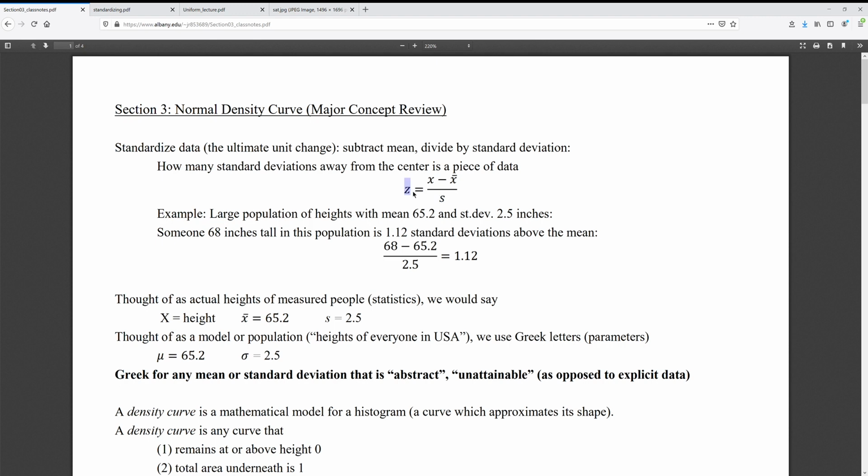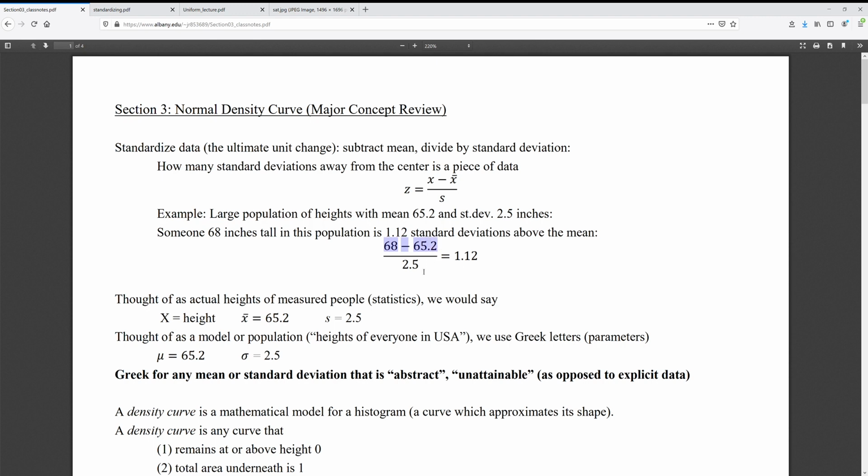Example. Suppose a large population of heights, everybody in a country, has mean height 65.2 inches and standard deviation 2.5 inches. So that tells you the center and the spread of the heights of everybody in this country. Now suppose we've got somebody who's 68 inches tall. So we'll subtract the mean and divide by the standard deviation.